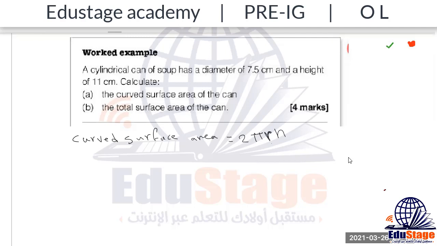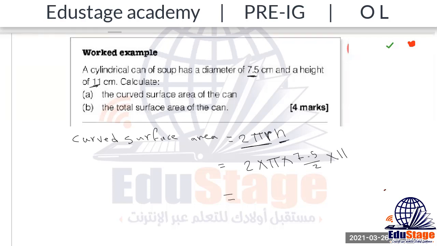So 2 times pi times r. R here is the radius, and the diameter is 2r, so 7.5 divided by 2, times the height. The height is 11.